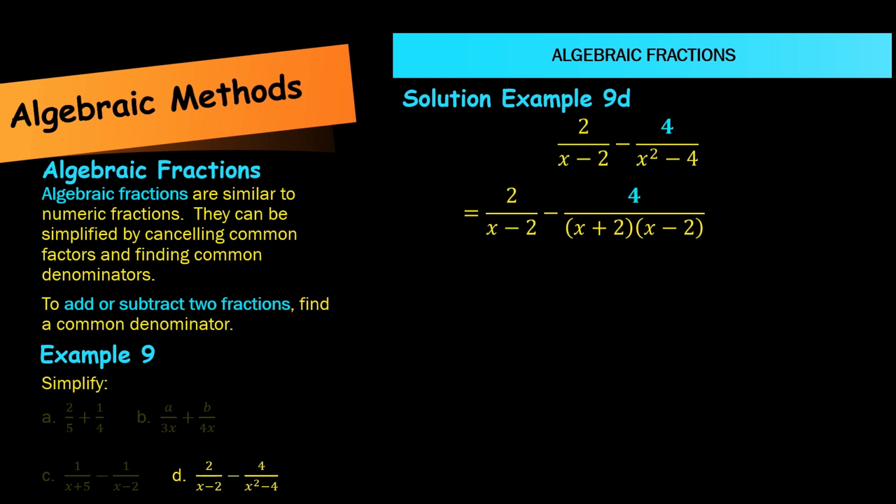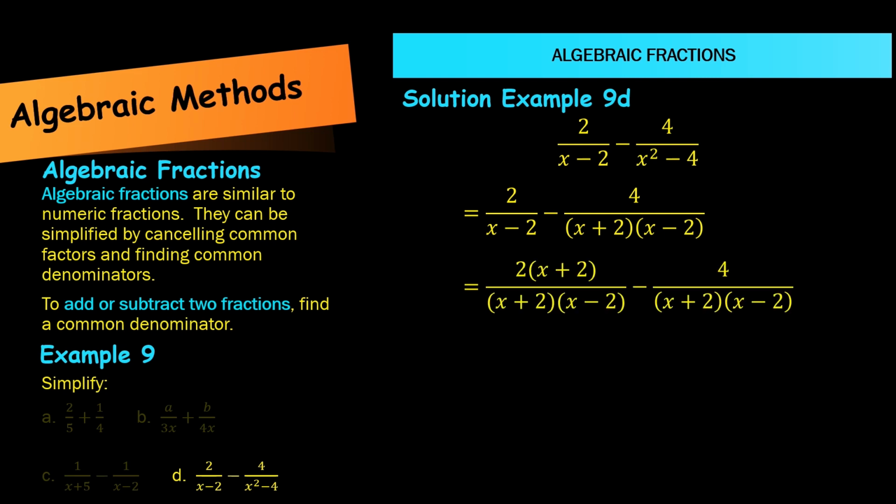And here's this denominator factorised, x plus 2 times x minus 2. So clearly, all we now need to do in order for both fractions to have a common denominator is to multiply the first fraction top and bottom by x plus 2, as shown here.